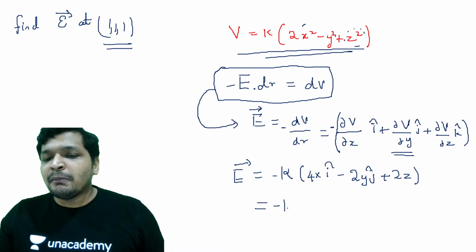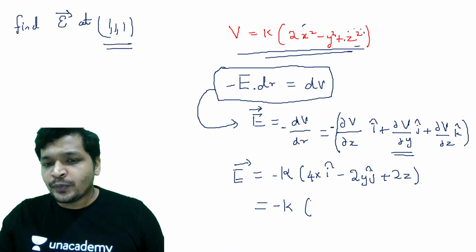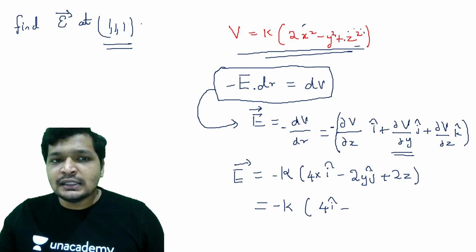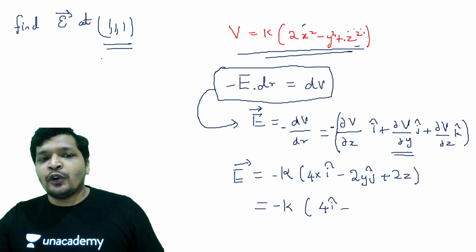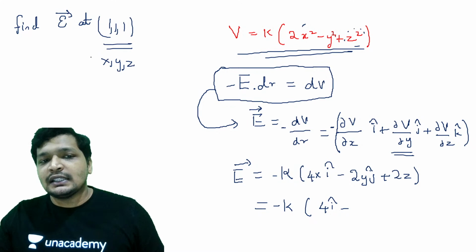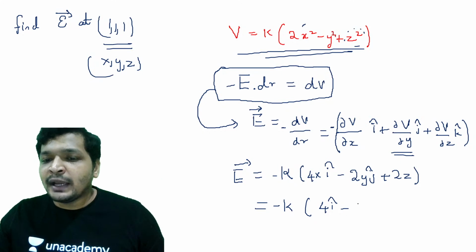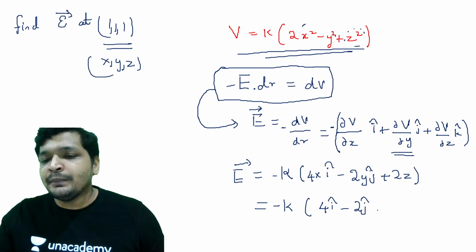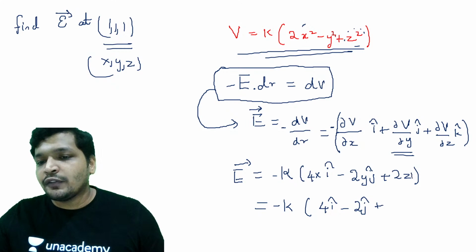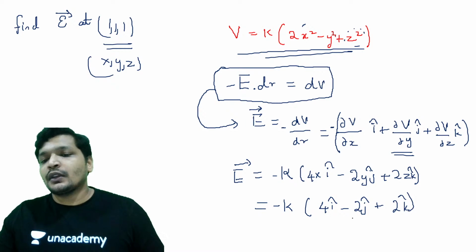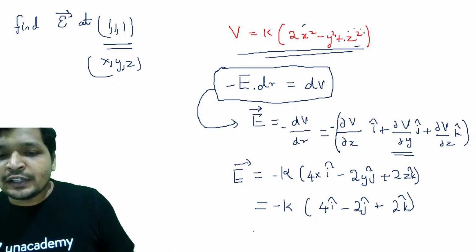So this would be minus K into 4 I cap, minus 2 j cap, plus 2 k cap, after substituting the values of x, y and z.